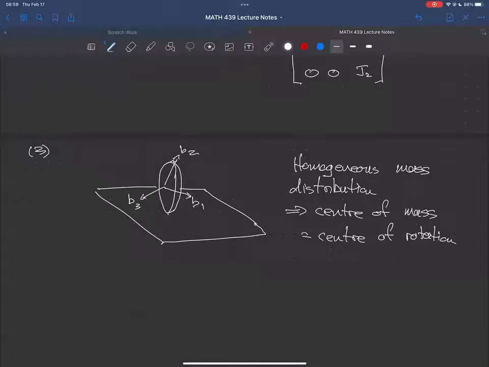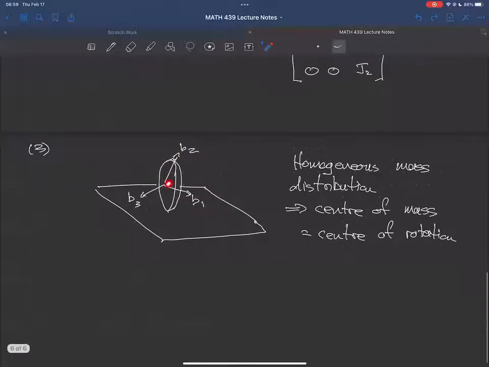and by center of rotation, I just mean that there's two kinds of rotations this body does, right? Let me get my right hand rule right. It does a roll, and then it does a spin. Okay, and the point is that there's a point in the body that remains stationary as I do those two kinds of rotations, and that's what I mean by the center of rotation.